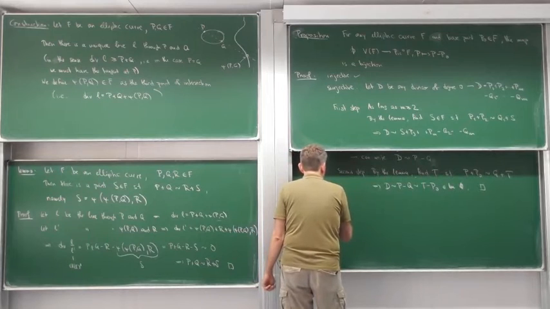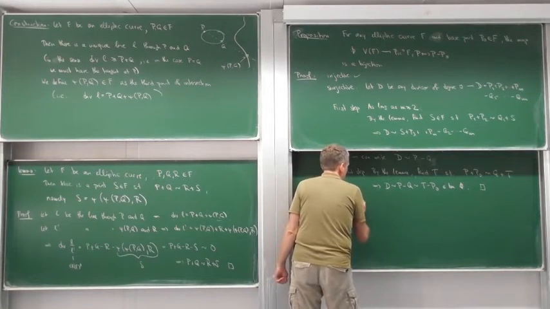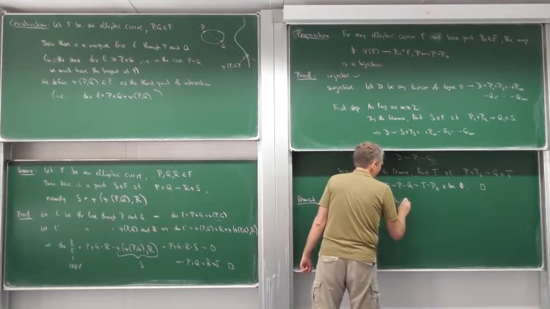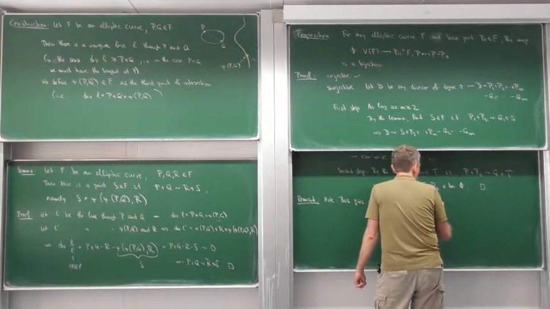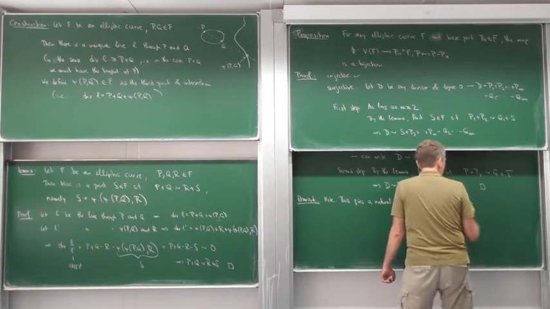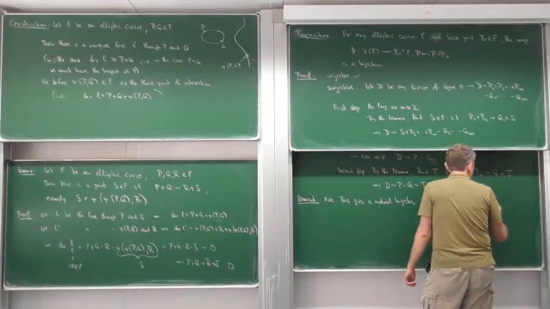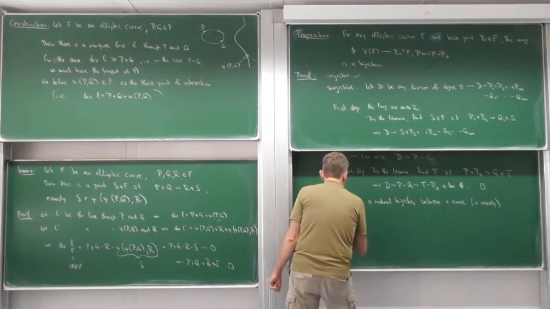Note. This gives a natural bijection between a curve, so like a variety, one-dimensional variety, that name as we've introduced it, and the group.